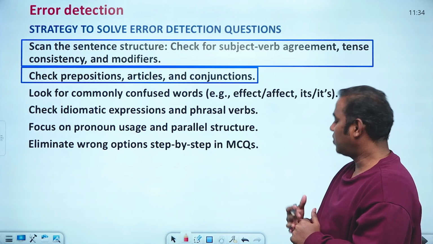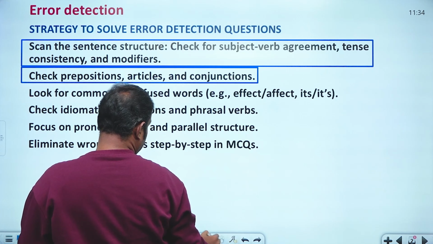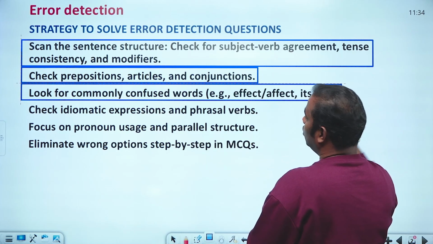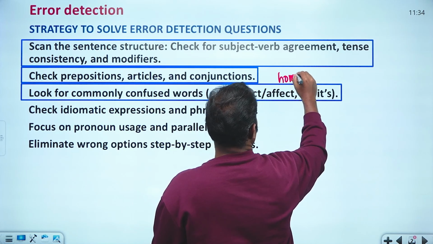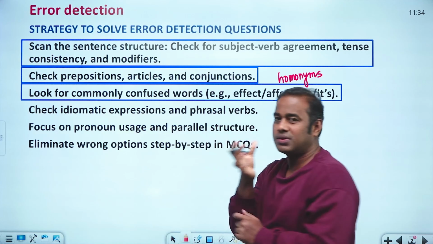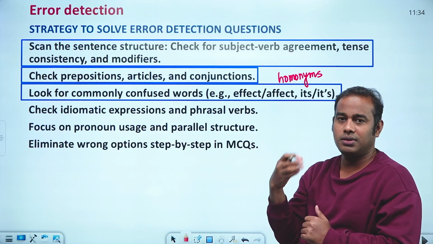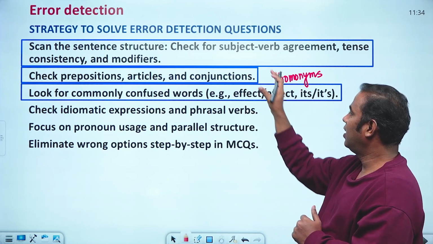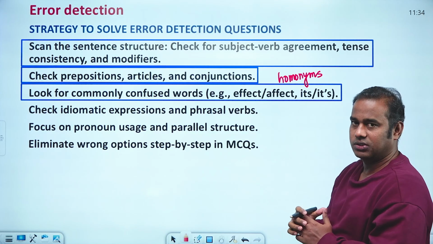Then sometimes they purposefully give mistakes regarding rhyming words, which we can call homonyms. The sounds are the same, but the word is different and the meaning is different. Generally some portion of the sound will be the same and some portion will be different. So that is also something you have to look at.